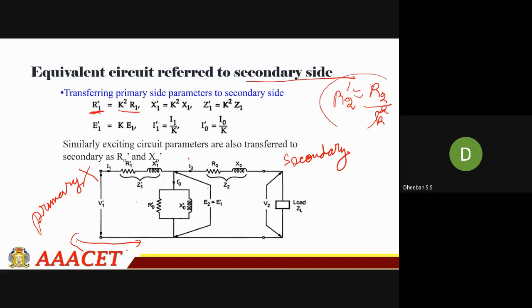You can see the difference, right? This is for case 1 and this is for case 2. Similarly, we have to find the parameters, and this is what your equivalent circuit looks like.